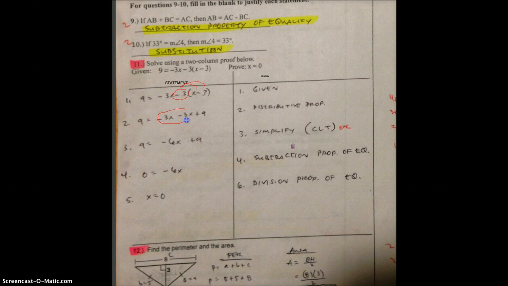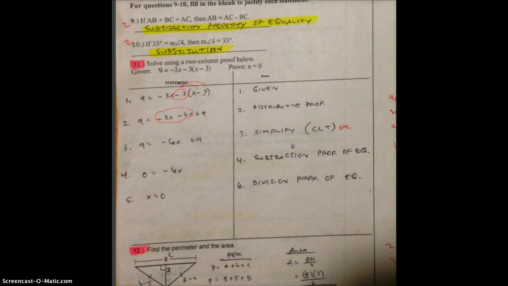Then I'm going to combine like terms here. This will get me negative 6. And then to get this negative 6x by itself, I'm going to do subtraction property of equality, subtract negative 9 from both sides. And here to get rid of this negative 6, because the math operation here is multiplication, I'm going to divide by negative 6, so division property of equality.